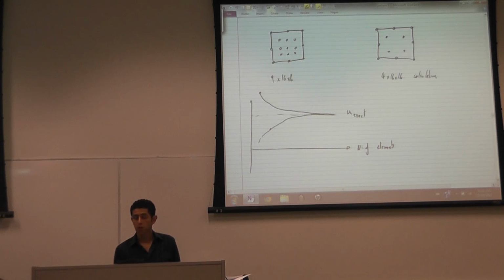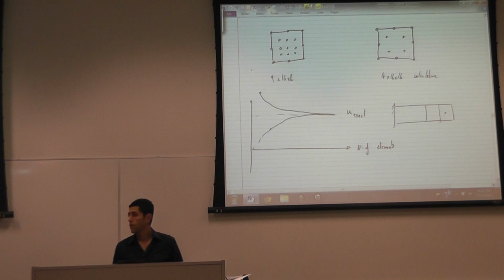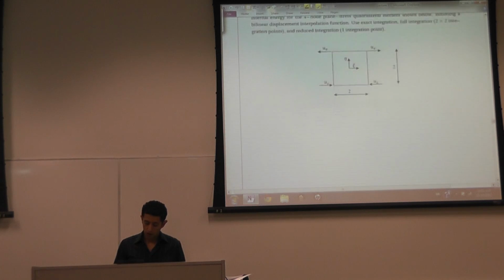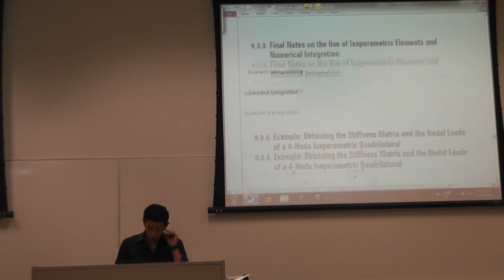But the problem with reduced integration is that if you use a very fine mesh, and this we will discuss next time, what happens when you use only one element per thickness of your beam? If you use one element in the thickness of the beam, what happens to the displacement? Try to read the rest of the chapter, and we're going to continue next time.